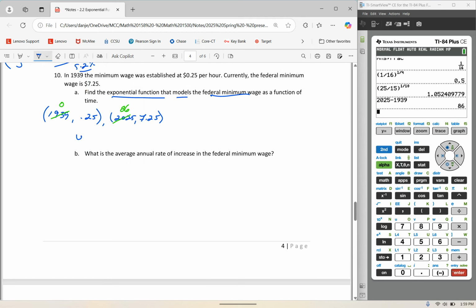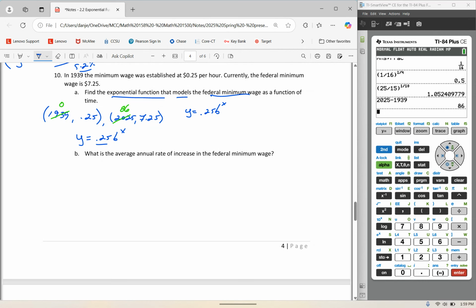and I jump into my equation, y equals a times b to the x, I know that my a is 0.25. So y is 0.25 times b to the x.